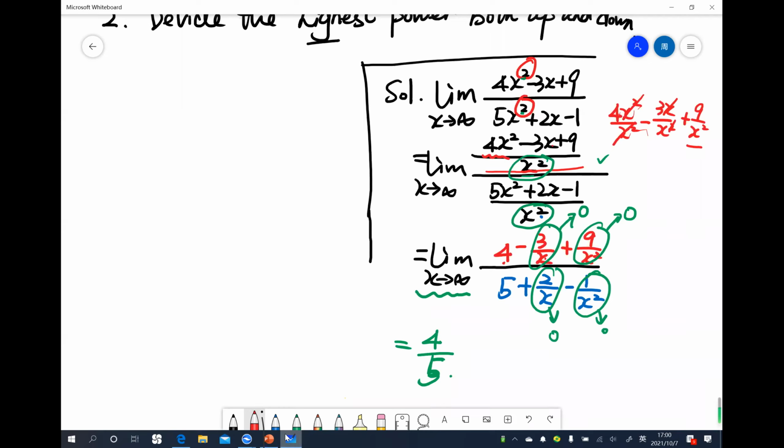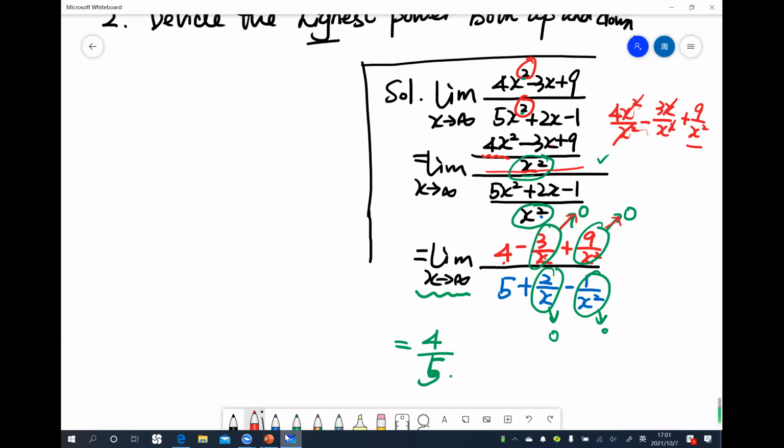And as x approaches infinity, we know these two parts approach 0, right? Laoshi, I can realize that minus 3 by x is 0, but how can we get minus 3 by x or 9 by x to be 0? Because x is infinity.